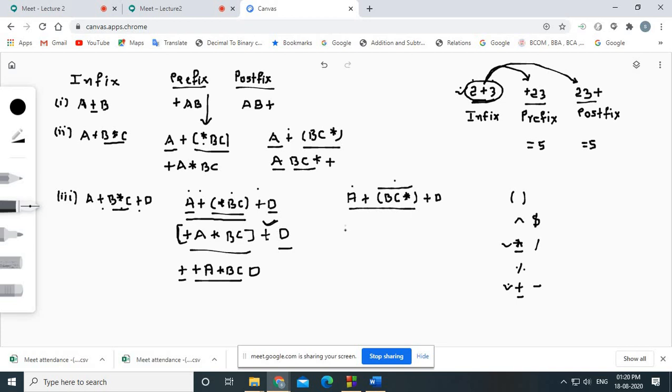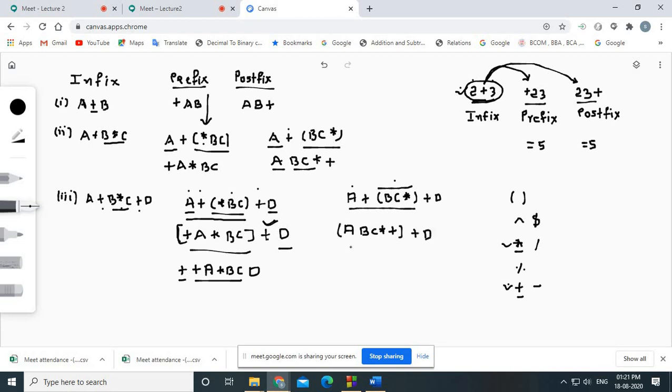So first operand 1, then operand 2. Operand 2 is BC star, so I'm writing BC star, and then the operator, which is plus. Put it in brackets and write plus D.